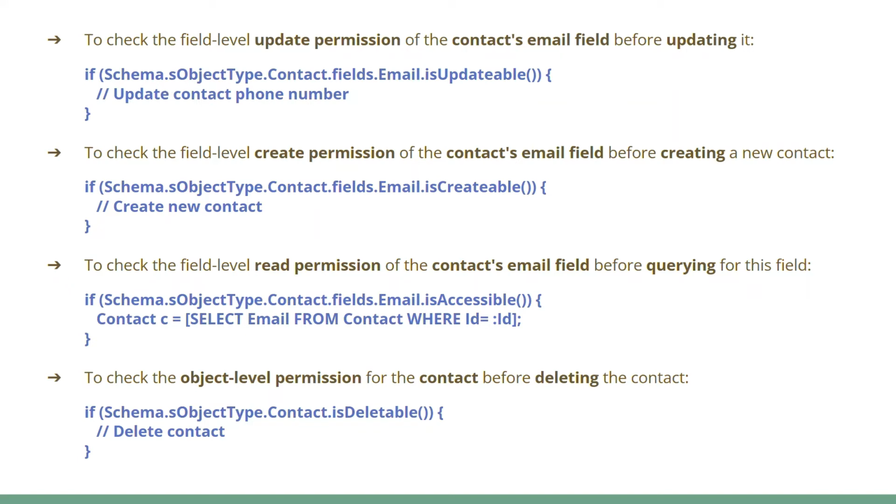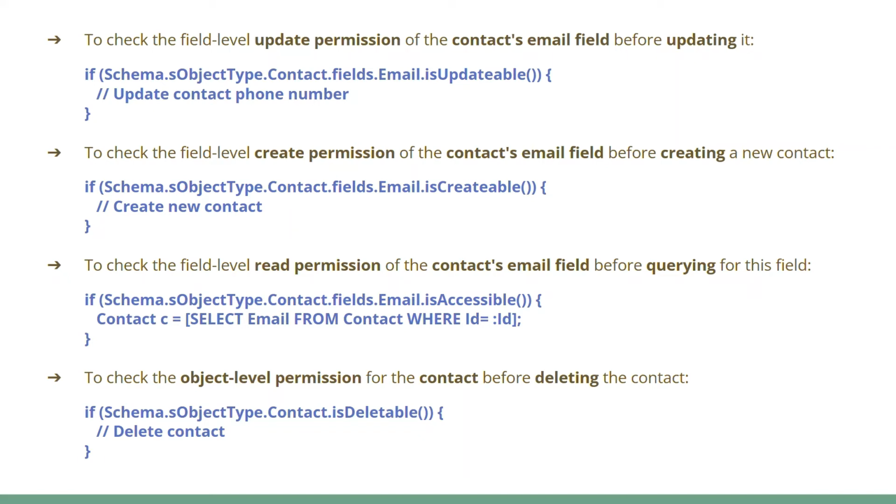Here we are only checking for the specific field, that is email. So if the email field is updateable and the particular user has that permission, then only it will come into that if block, and you can update that field.